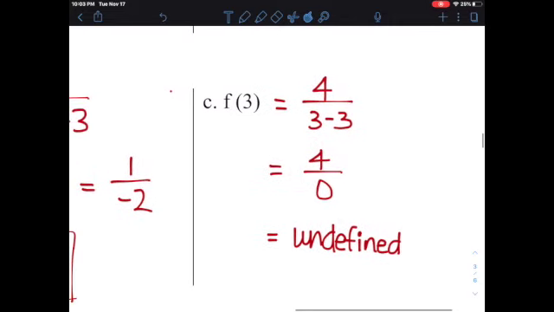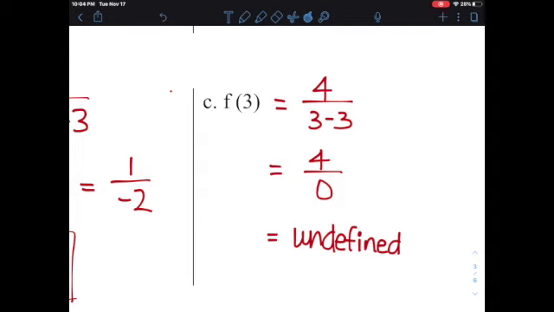We plug in the 3. 3 minus 3 is 0. 4 over 0 is undefined. Same thing like the slope when you have bottom equals 0, it is undefined. The reason for that is it doesn't work. This fraction will not make sense. So it's undefined. You cannot figure it out. If you leave it as 4 over 0 and you didn't tell me it's undefined, you will get the answer wrong.